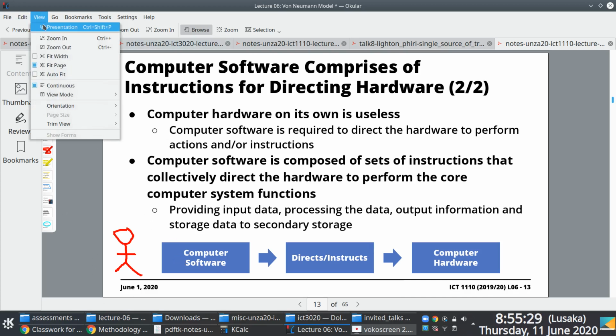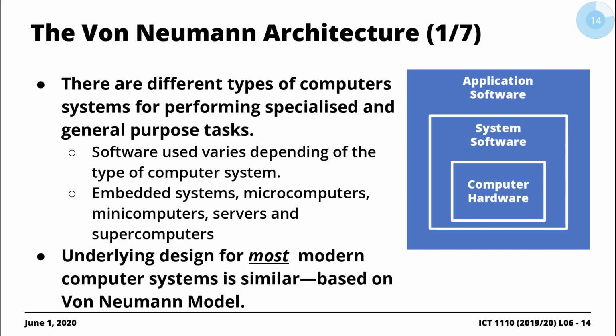But we do know that for the most part, this actor we call the end user is usually a human being, right? Okay. But it turns out really that irrespective of how you look at these computer systems, irrespective of whether you are making reference to embedded computer systems, microcomputer systems, mini computers, server computers, mainframes, supercomputers, all those different subcategories that we discussed during our discussion of lecture series number 3, I think, the underlying model that is used to build those computers is the same, right?